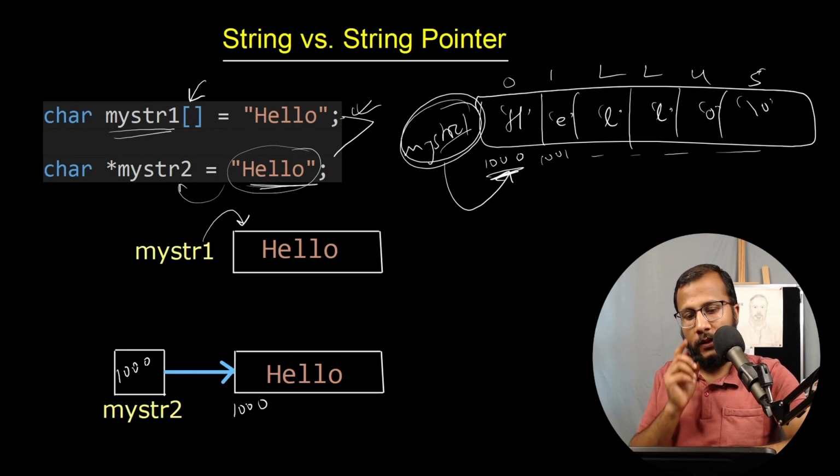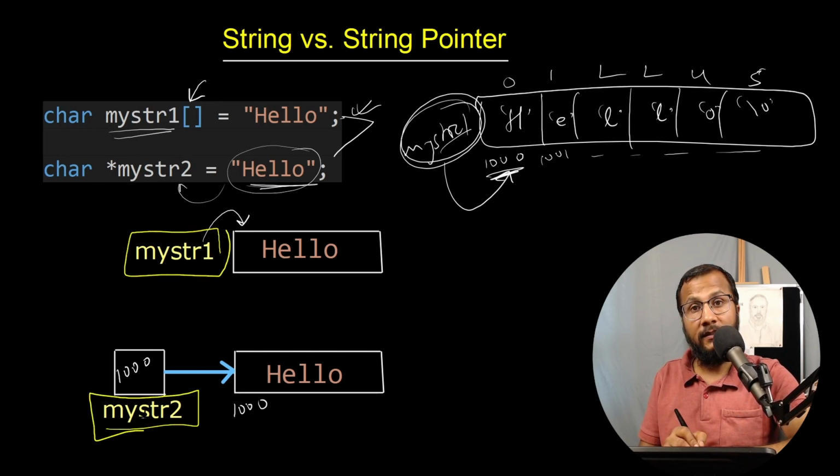The difference is only that my str1 is interpreted as an array and my str2 is interpreted as a pointer. But internally, my str1 is also a pointer. We have already discussed that the array name itself is a pointer, but while interpreting in the program, it will be interpreted as an array in the first case, and as a pointer in the second case.